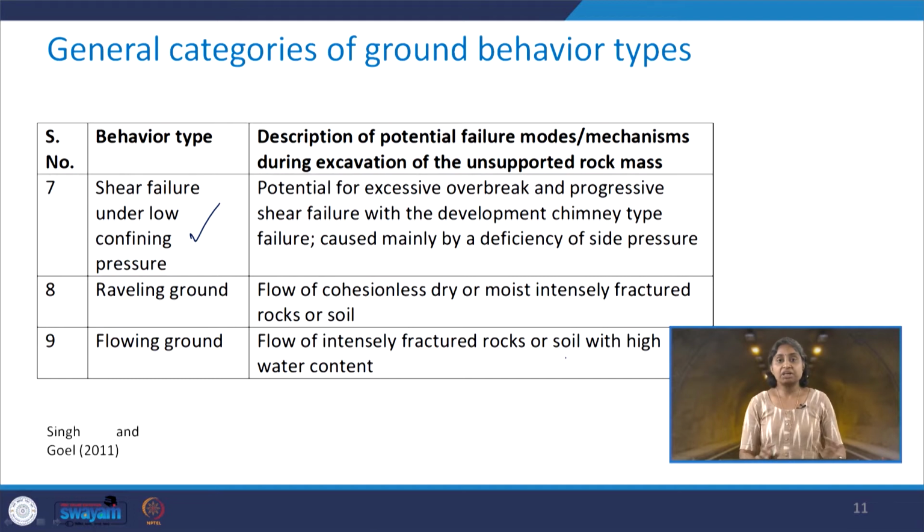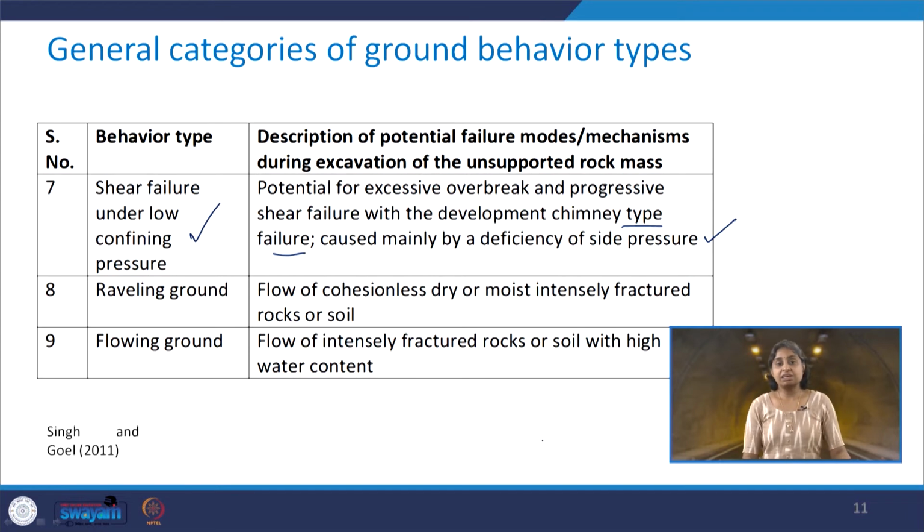The potential failure mode here is that there is going to be excessive outbreak and progressive shear failure with the development of chimney type failure, and these are caused mainly by a deficiency of side pressure.